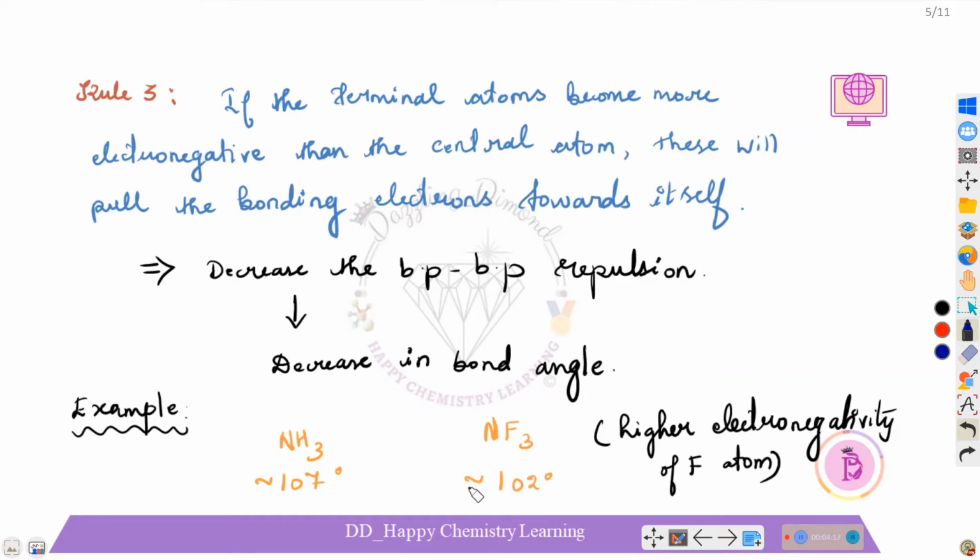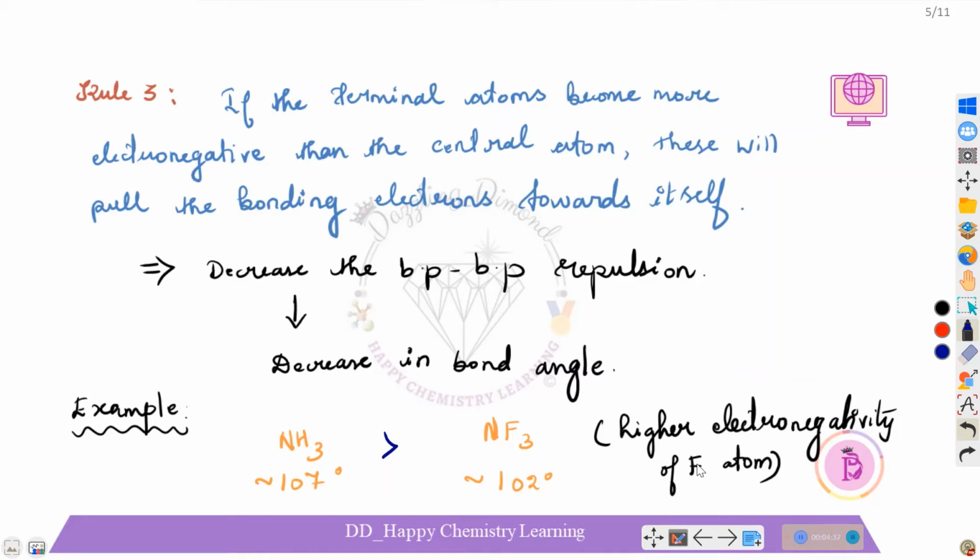So comparing these two, NH3 has the higher bond angle, because in NF3 you can see fluorine is a higher electronegativity atom, right?